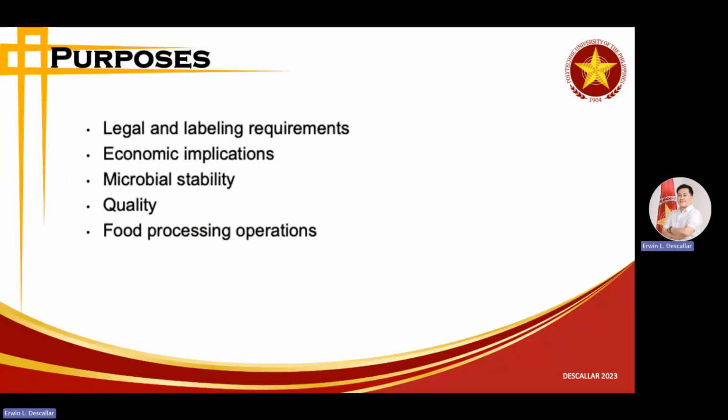Therefore, that flour has a higher water absorption capacity. Because protein has water absorption. It can hold water, right? So if you're doing bread, the flour that you need would be the bread flour, and the bread flour should be a high protein flour.